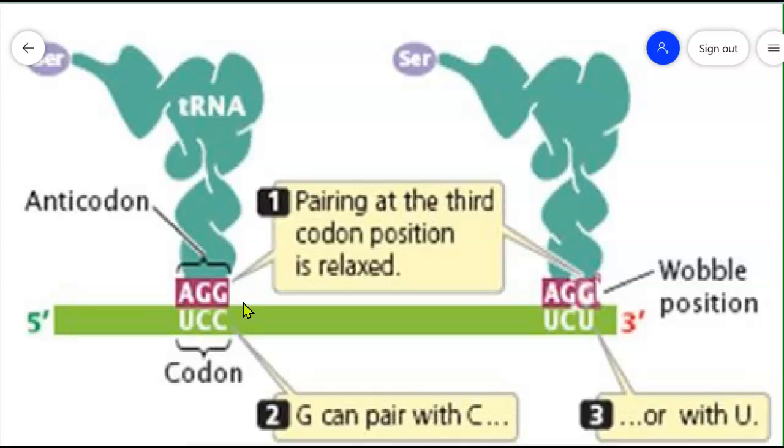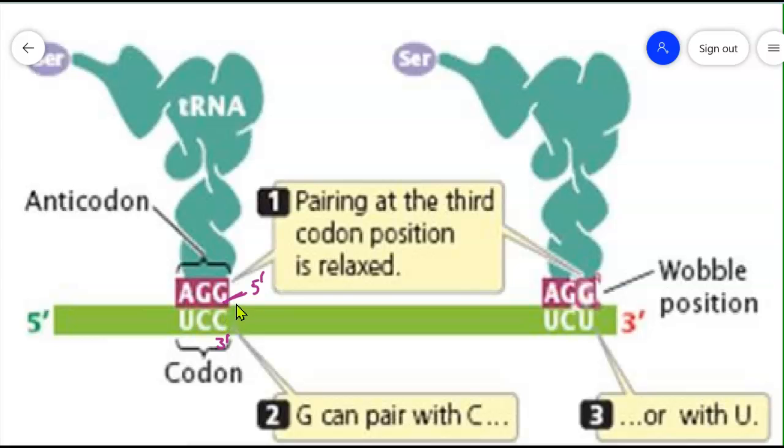This is an example of the wobble base. G is the wobble base, and this is the 5' end of the anticodon. This is the 3' end of the codon. The 5' end of the anticodon is the wobble base.